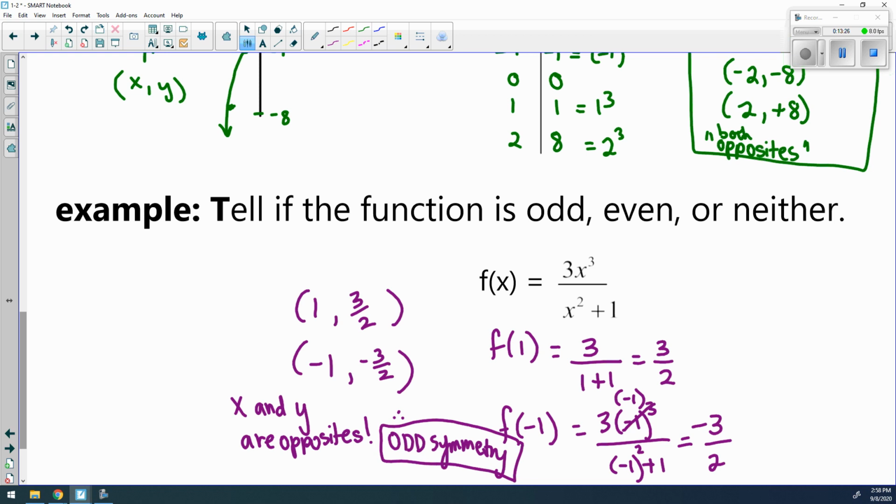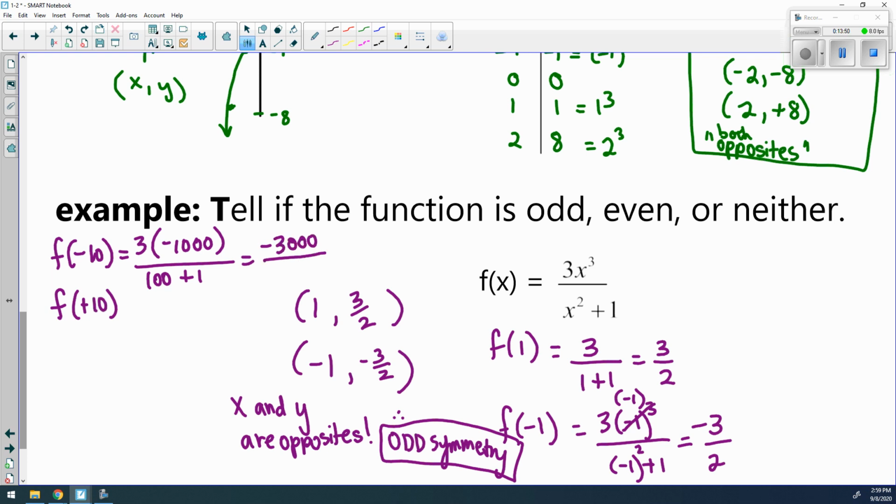And then if you're not quite sure, like, could you verify this for all points? Just for the fun of it, let me prove it to you. Let's look at f of 10 and f of -10. Well, when I plug in -10, this would be like 3 times -1000 over 100 plus 1. So -3000 over 101.